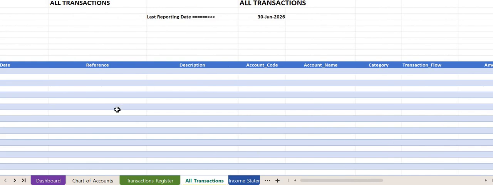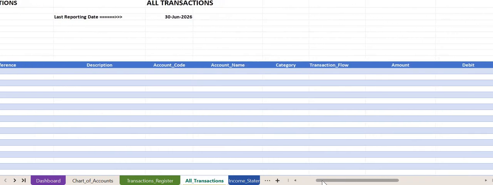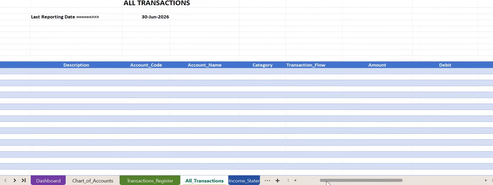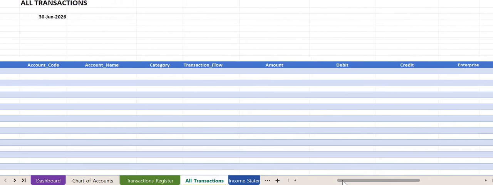The all transactions register is the system's engine room. It combines all the entries into a structured format that includes debit, credit, account details, enterprise classifications and all that.